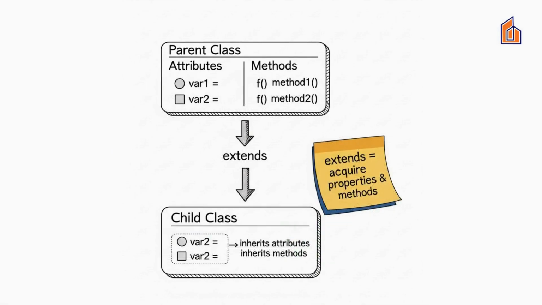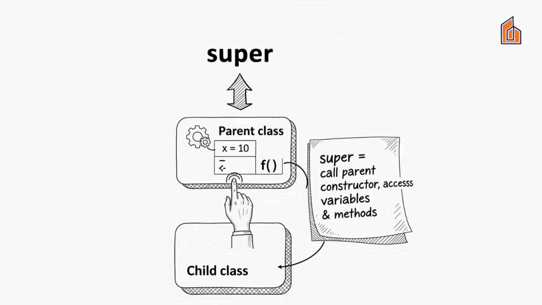In Java, inheritance allows a new class, that is child class, to acquire properties and methods of an existing class, that is parent class, using the extends keyword. Then comes the super keyword. It is used to call the parent class constructor, and to access parent class variables and methods when they are hidden by the child class.